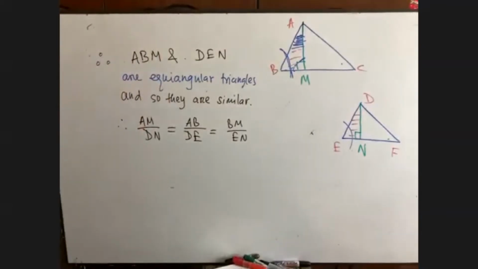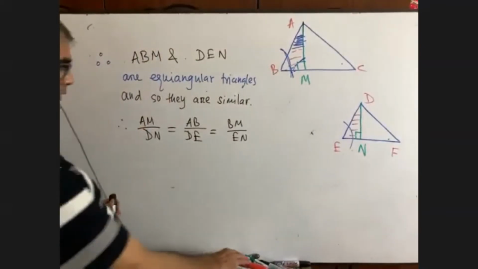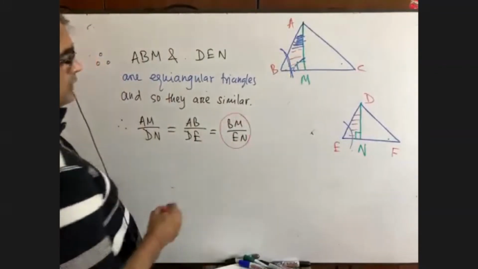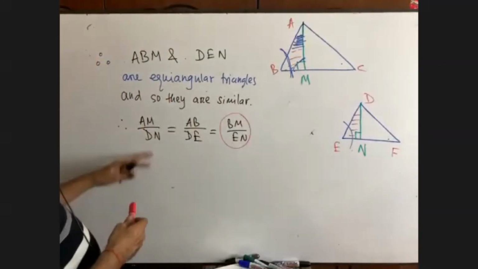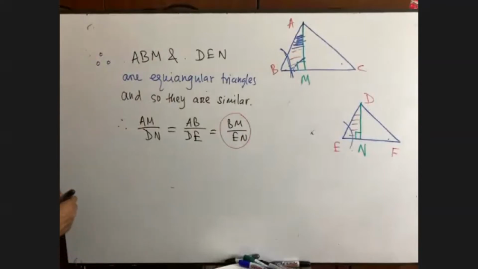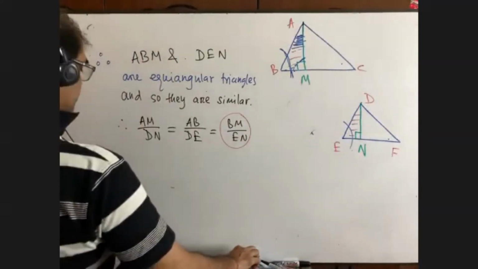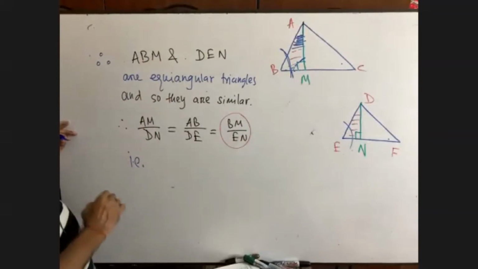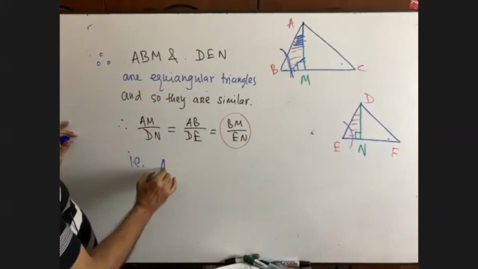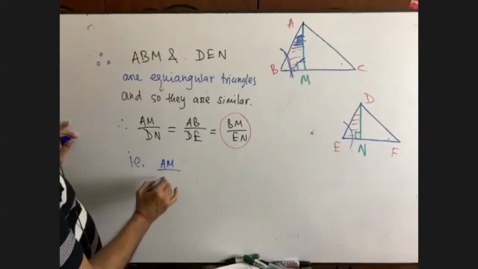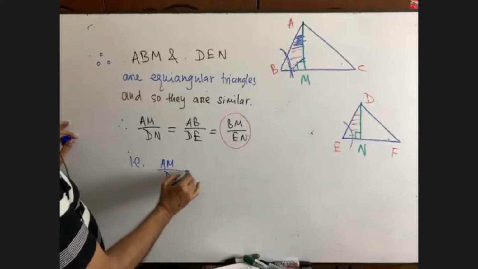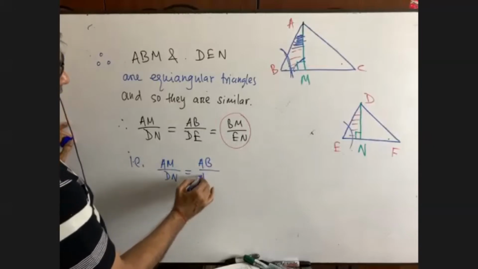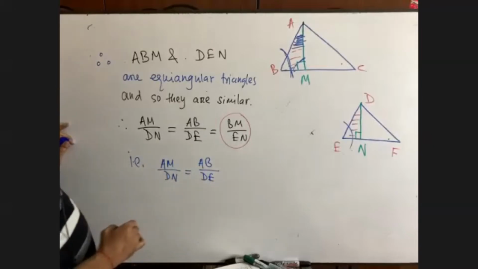But in the proof, this is not required anymore. So in our next step, we are not going to consider that part. That is, we have to write down, AM by DN is equal to AB by DE.